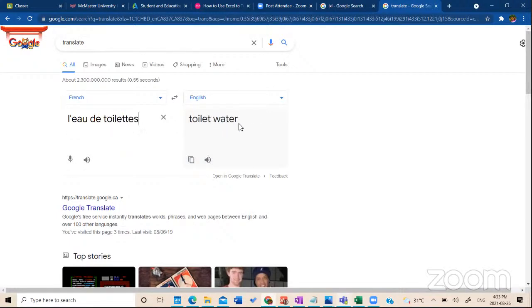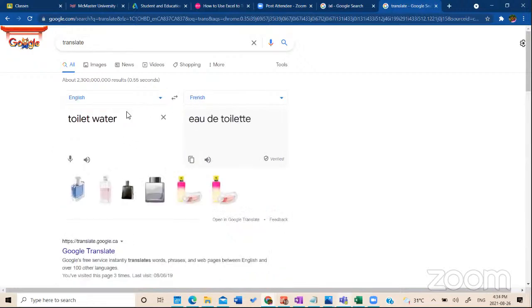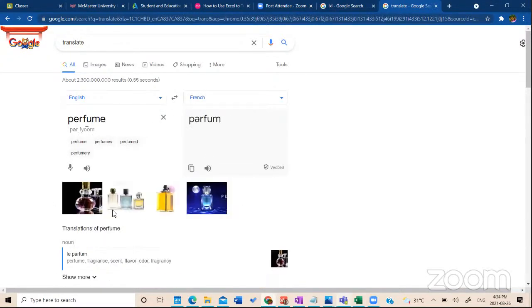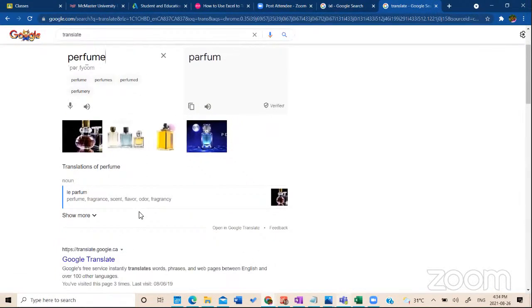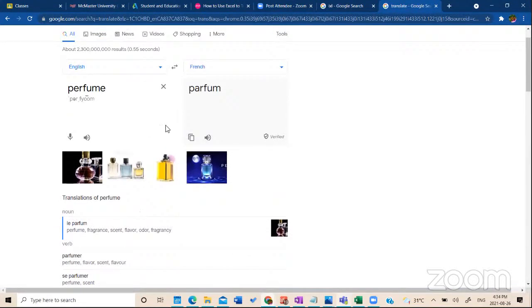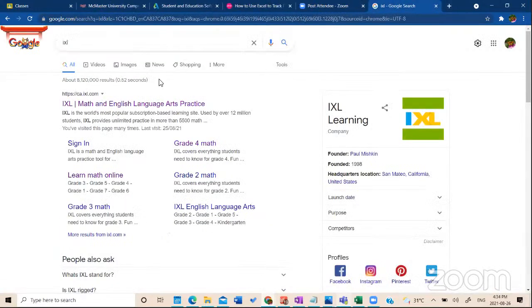Oh, that's so weird. Look, it also means perfume. Yeah, it means both words. That's the funny part. I think it's better if you're talking about perfume to say le parfum, because that way it only means perfume. Okay, so that's probably the better way to say perfume.